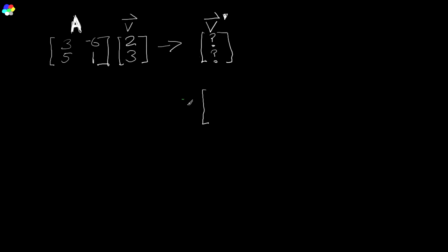To find the value of the first element in the result vector, we're going to multiply the first row of the matrix by the vector, and sum those results. So we're going to be multiplying 3 times 2, which is 6, plus negative 6 times 3, which is negative 18. Now we're going to do the same thing for the second element.